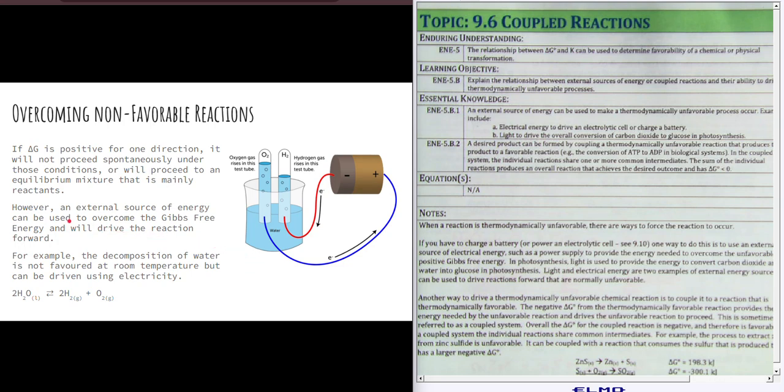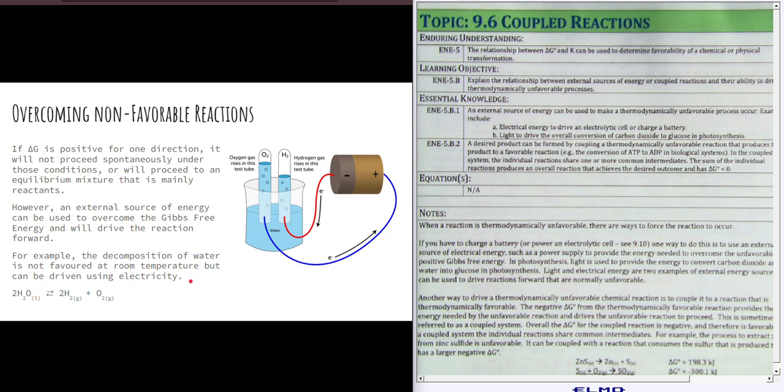Okay? So however, when I do apply some external source of energy, then I can put in enough energy to overcome that Gibbs free energy, that delta G value, so I can then push that reaction forward. So what's happening is the water can use the energy that's in this battery to overcome the delta G energy.